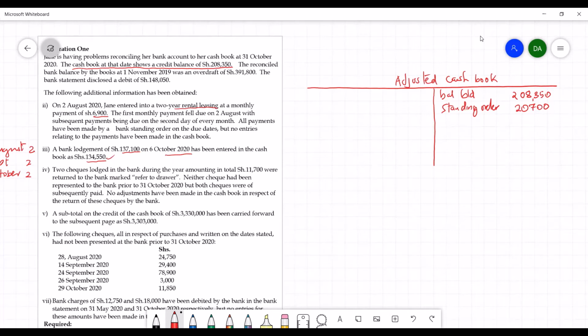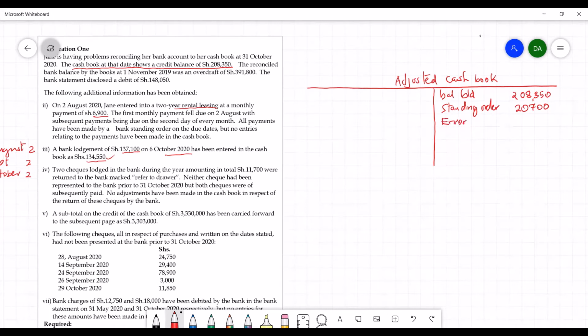Now, to correct the error, first, we need to enter on the opposite side the wrong amount that was entered. The wrong amount was entered on the debit side, and now we need to cancel it by entering that same amount on the opposite side.